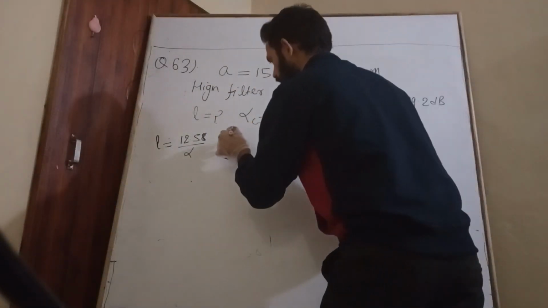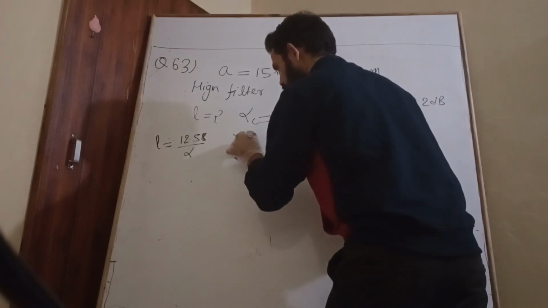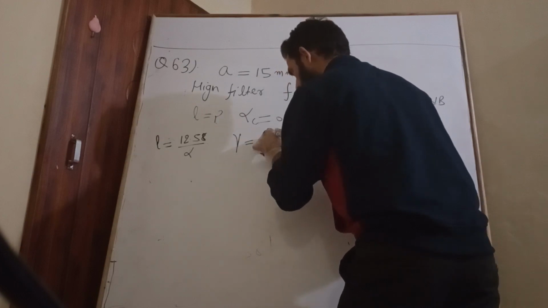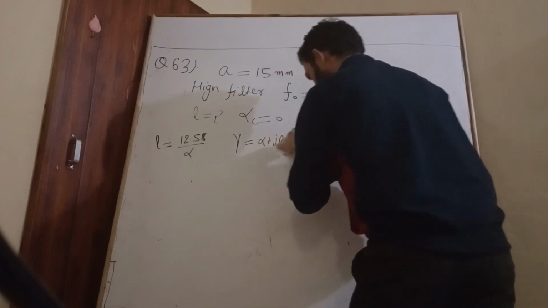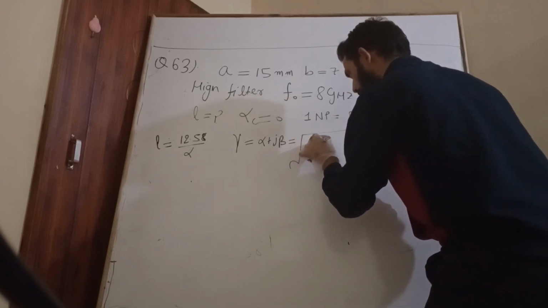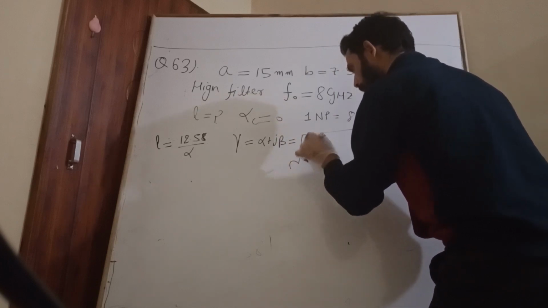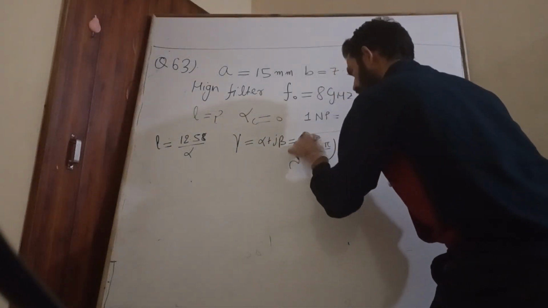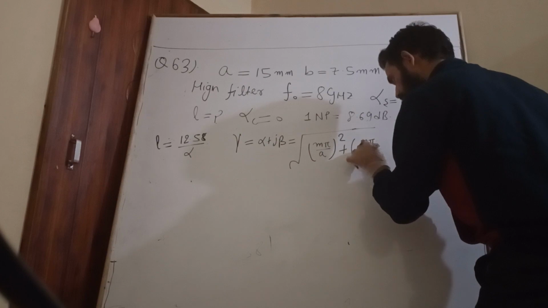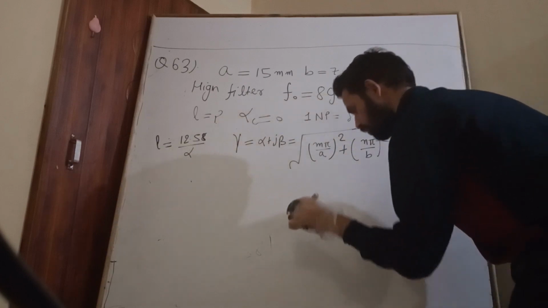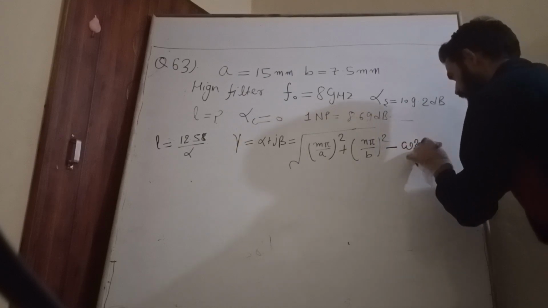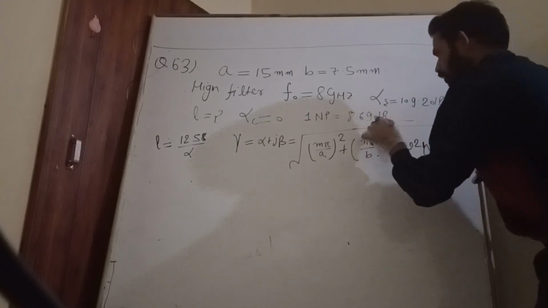As we know very well, the propagation constant gamma is equal to alpha plus j beta, which is equal to the square root of (m pi by a) whole square plus (n pi by b) whole square minus omega square mu epsilon.